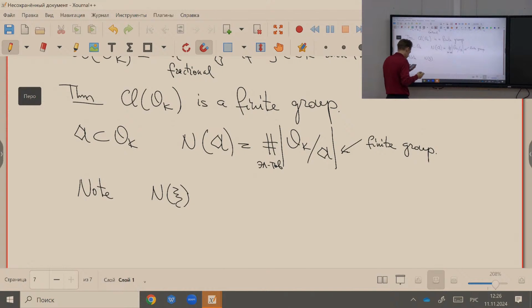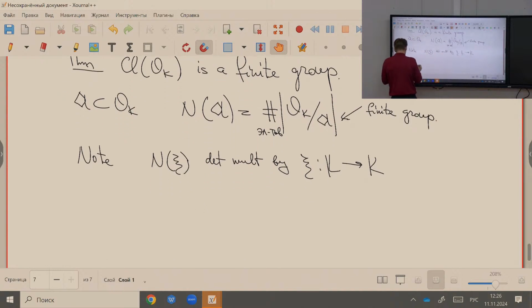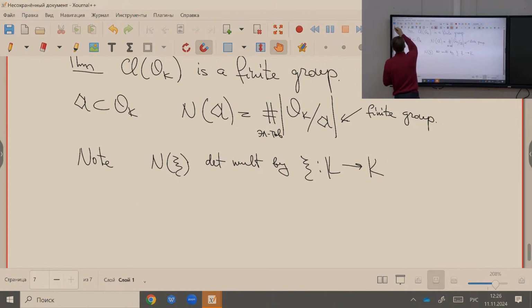So this is the determinant of multiplication by psi from K into K. And also notice what we know about this formula: the norm of K over Q of psi.